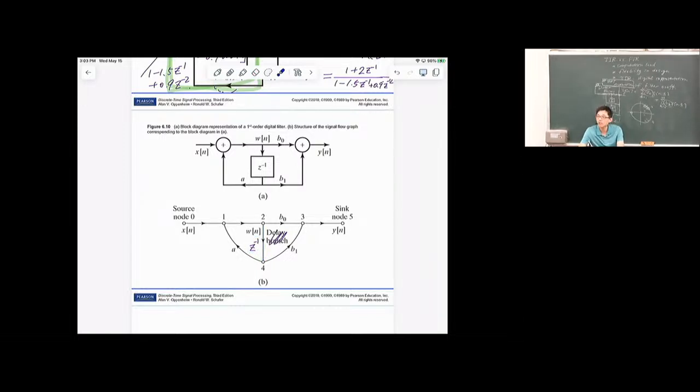That will become our convention, and we have node 1, node 2, node 3, node 4. We just place an arrow, any arrow, with a scalar next to it, and that means a scaling factor. You can also think of Z inverse as a scaling factor in the Z domain.